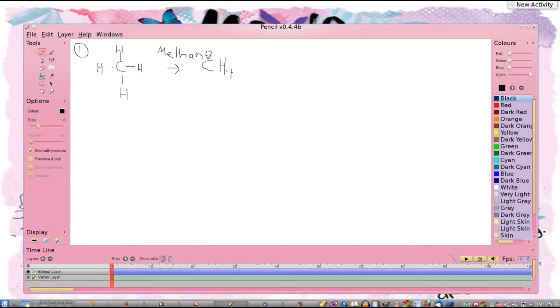You have to relearn your handwriting when you're working with a mouse. So this is 2, and because it's 2, we are now dealing with 2 carbon atoms. So let's bond these 2 carbon atoms together.